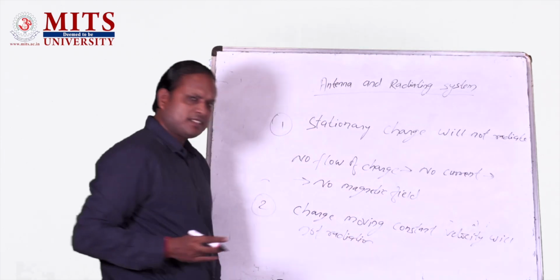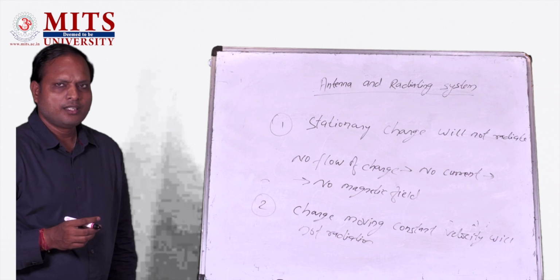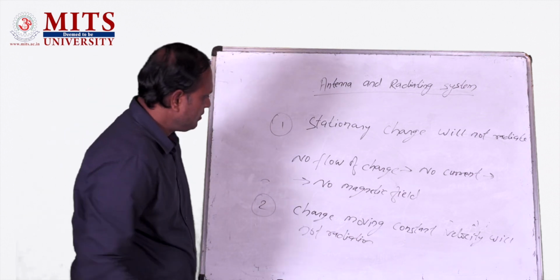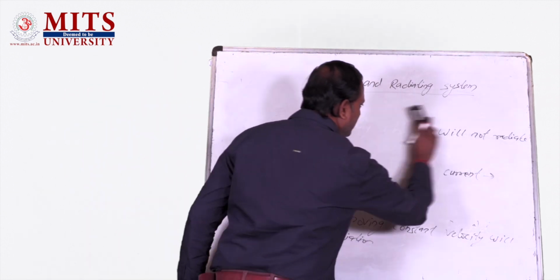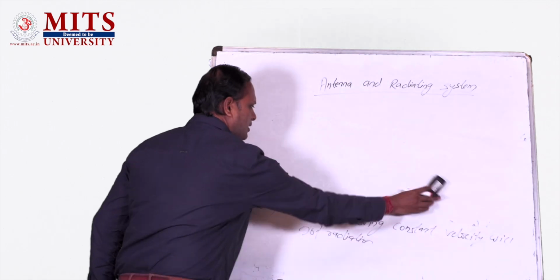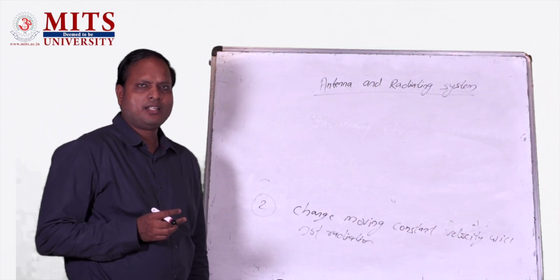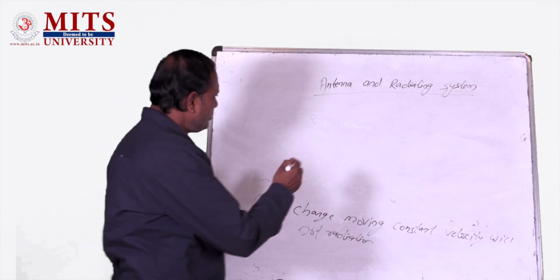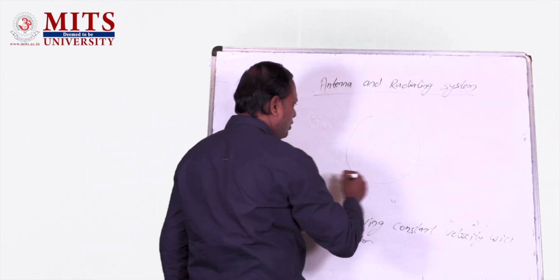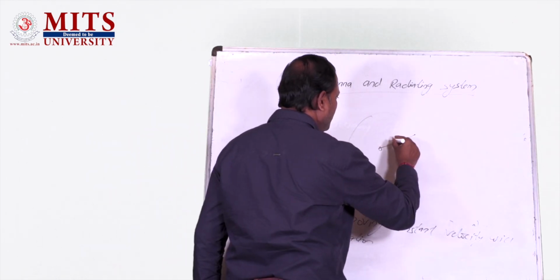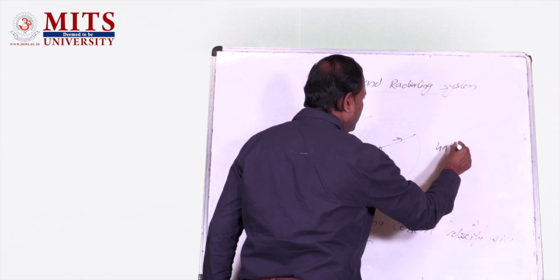For radiation to occur, the Poynting vector must decrease as 1 by r square, considering the surface area of the sphere, which is 4 pi r square.